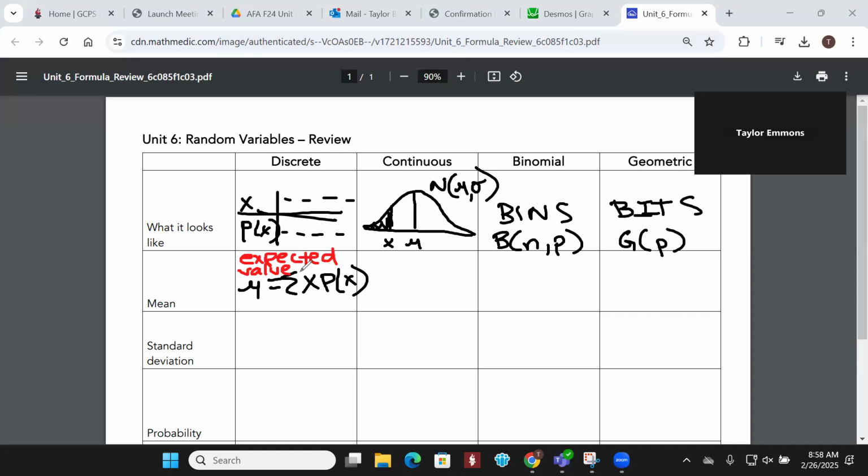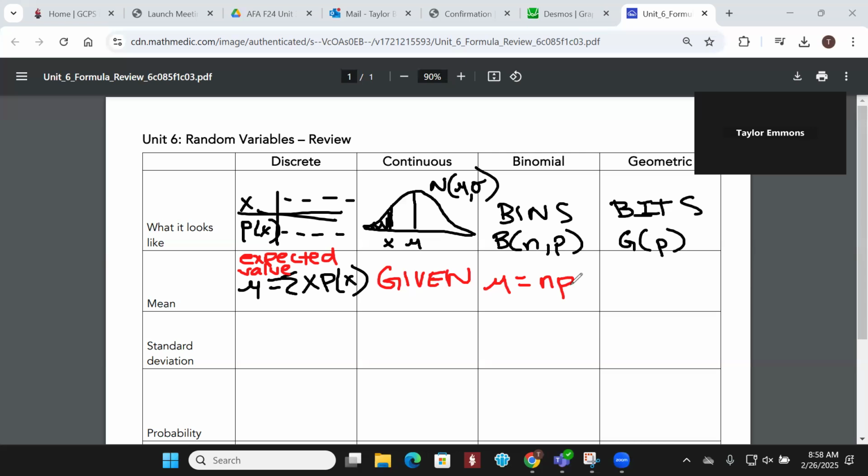If you are asking about a continuous mean, they oftentimes have to give it to you. So we're going to say it's given to us. For binomial, in order to find the mean, we're going to do N times P. So that means whatever your sample is times the probability that you expect to get.